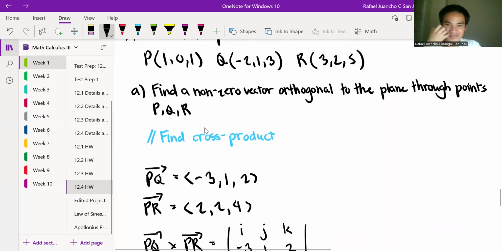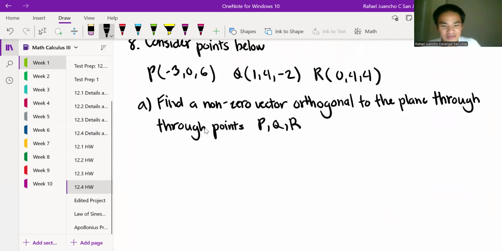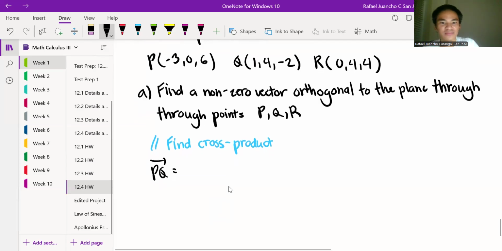They just made the numbers different. All right. Let's go through that same step again. So we want to find the cross product. It's also getting practice for me, you know? Because in math, it's all about getting the practice.